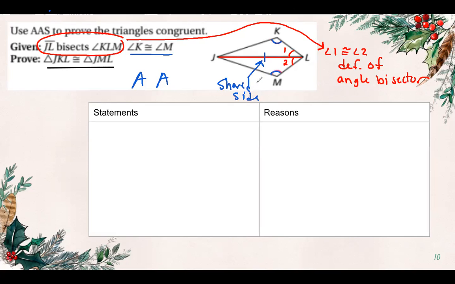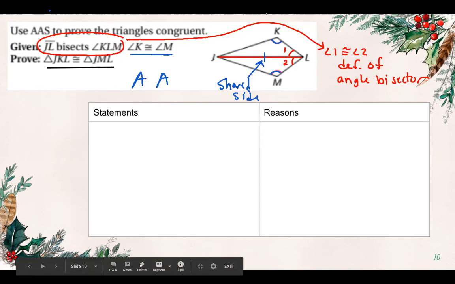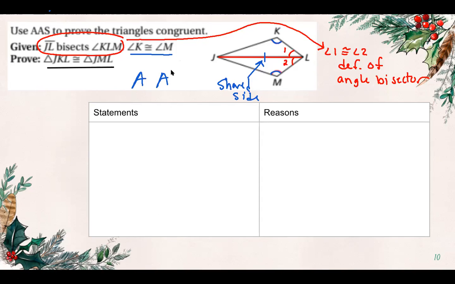What do you think? We have two angles, and then we have the side that's not in between them. The in-between side would be here. So yeah, I'm seeing this is AAS. So this one is AAS.